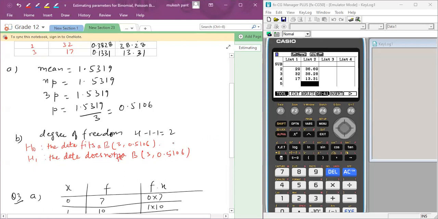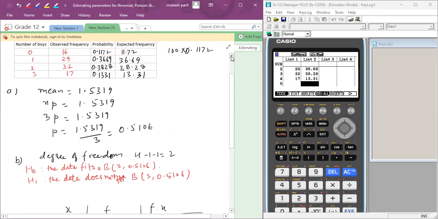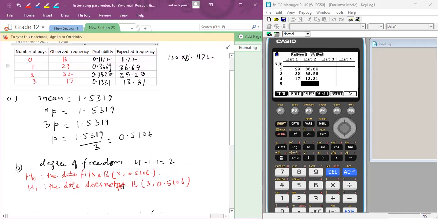In list 1 you will write the observed frequency, in list 2 the expected frequency. I have already found this here: we have 100 families, so I multiply the probability by 100 to get the expected frequency.